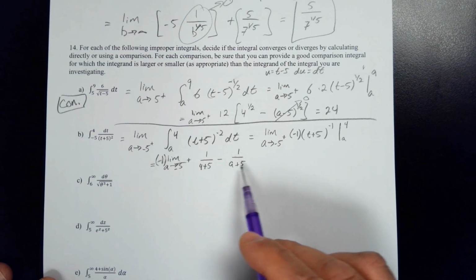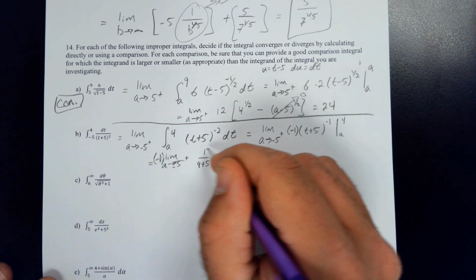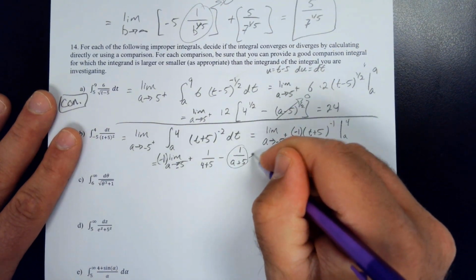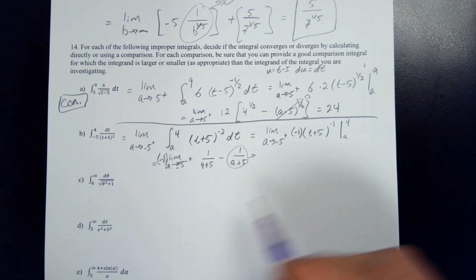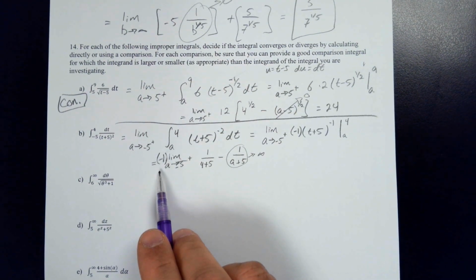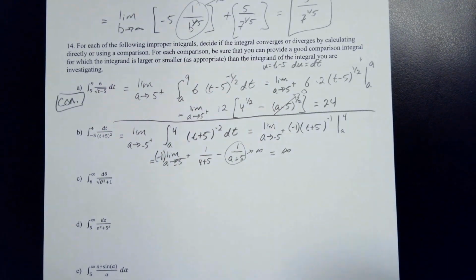This would be a negative number, and I'm going to subtract a negative number. This whole thing is going to go to positive infinity, but I'm subtracting it and then multiplying by negative, so this whole limit is going to go to positive infinity.